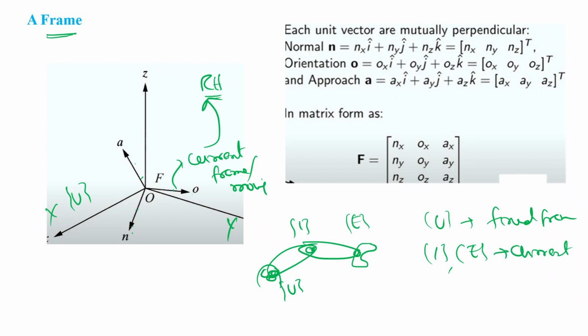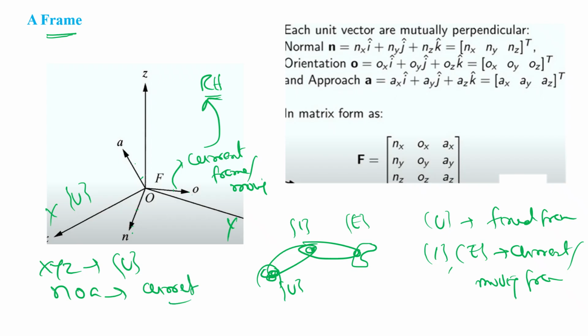Suppose you are discussing one, that becomes the current frame, or if you are considering only E, that is the current frame. So one and E are the current or moving frames. We have to differentiate between them. That is why x, y, z are for the reference frame, and NOA is for the moving or current frame, always. This is the logic we follow.